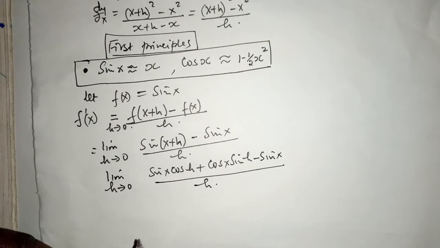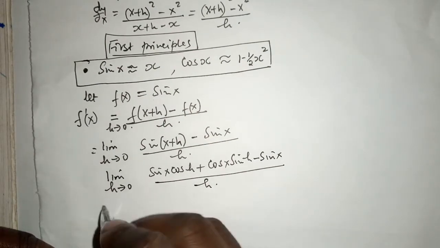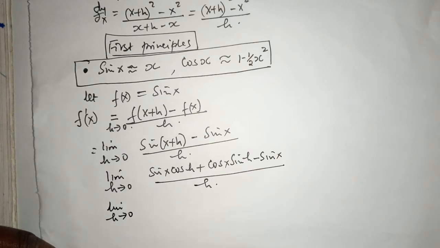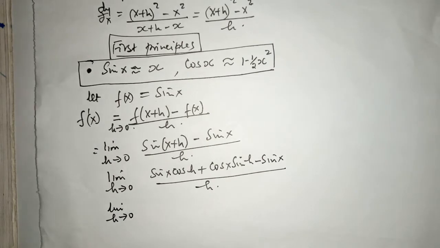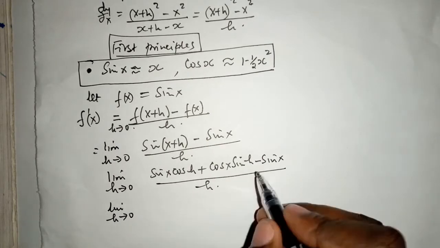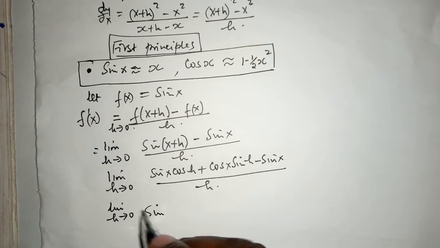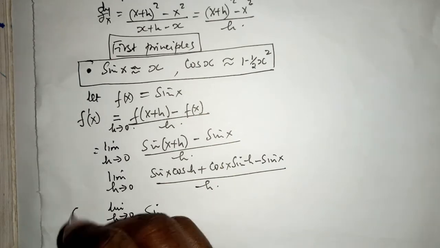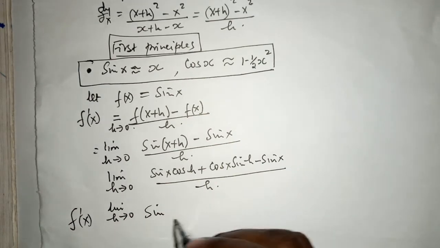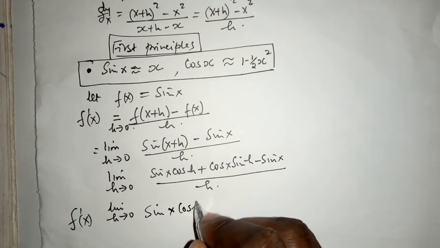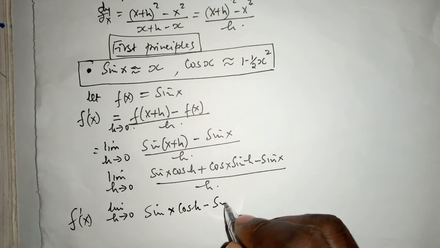That means, still with the limit as h approaches 0, we have sine x cosine h minus sine x.